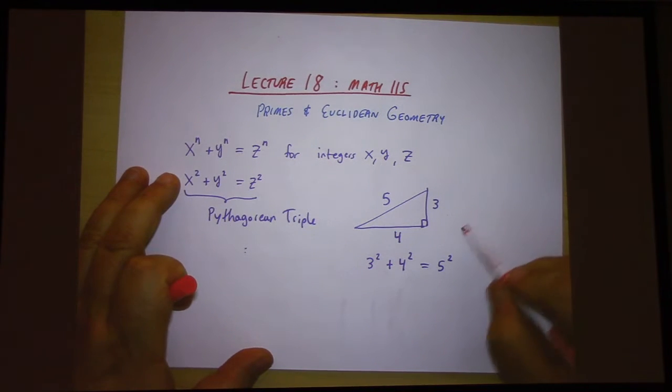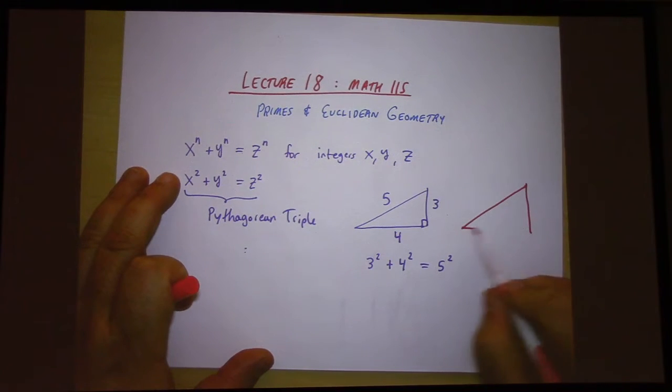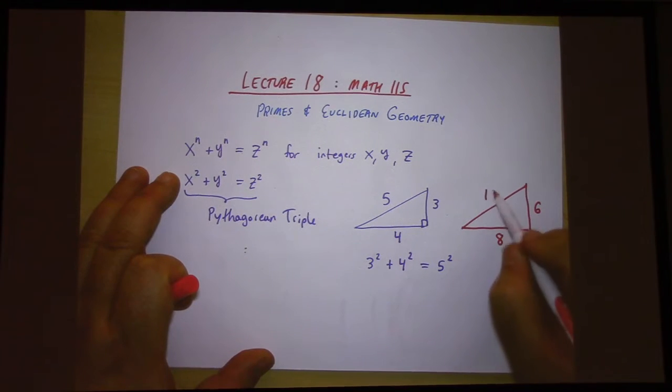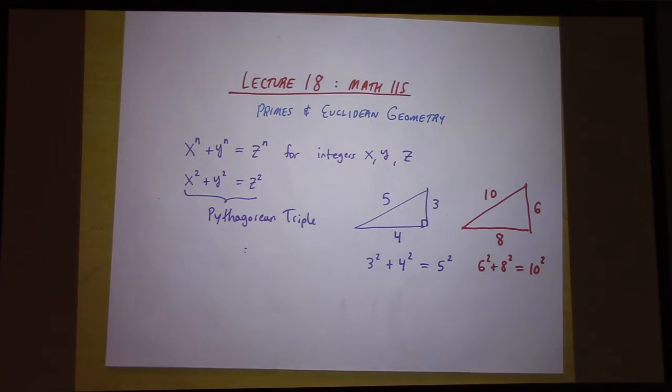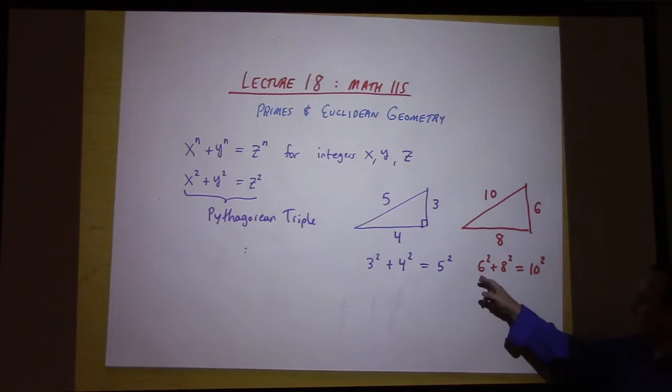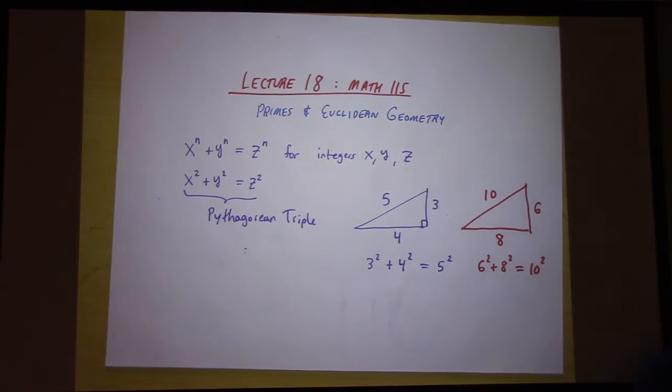If we multiply each side of the triangle by 2, it gives me a 6, 8, 10 triangle. And did you know that 6 squared plus 8 squared is equal to 10 squared? That's still true, right? Because 36 plus 64 is 100.